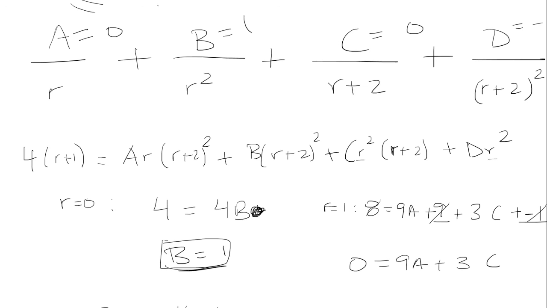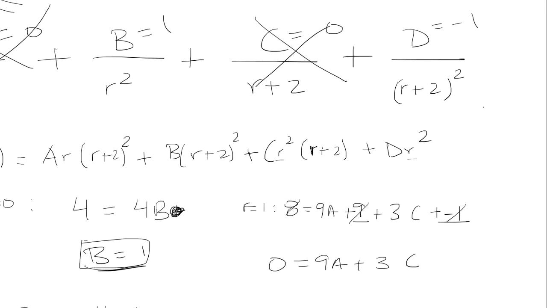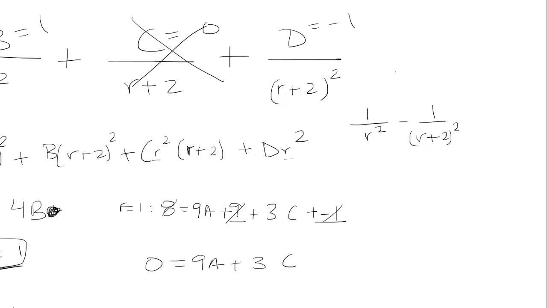So the ones with a 0 numerator get canceled, and what remains is the B and the D fractions. So we have 1 over r squared minus 1 over (r plus 2) squared. And this is my final answer.